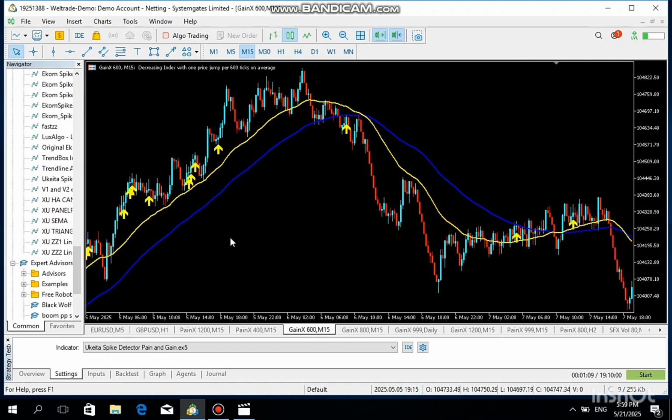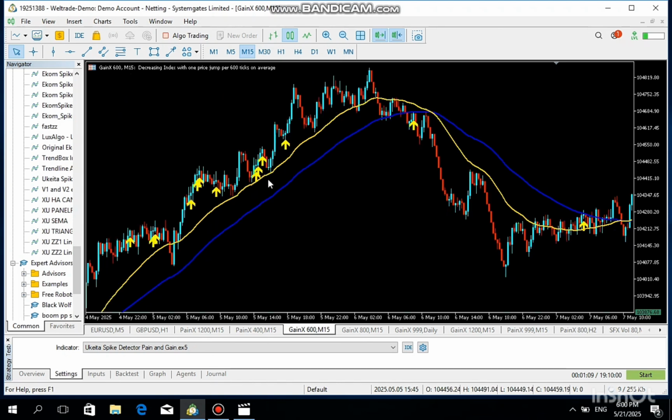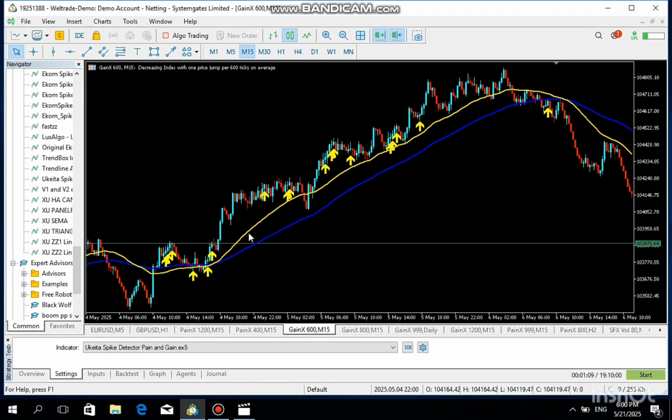For the gain indices, we are only buying, and we follow the same rules. But this time, the yellow line should be above the blue line, not below the blue line like in the case of pain indices where we are selling.